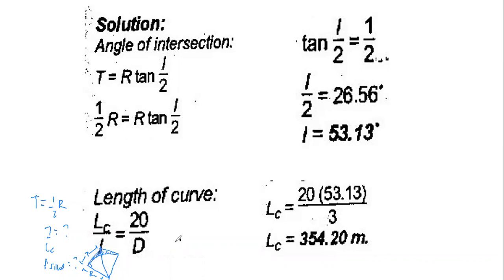So area ng half ng area 1 natin is 1/2 T times R, di ba? Then since this area 1 is the same as the area here, so simply multiply this by 2. Okay?